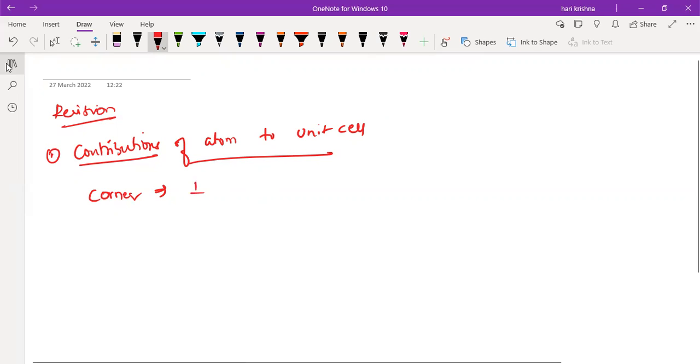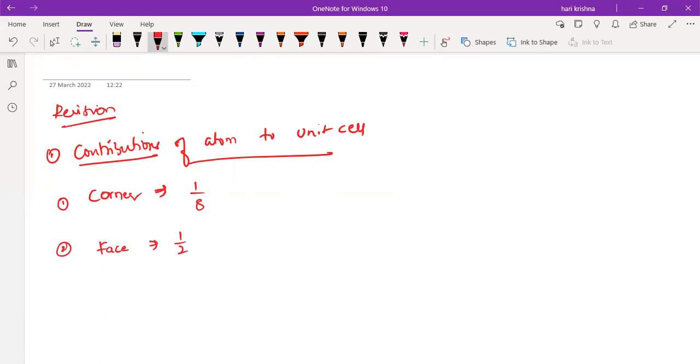One by eighth, right? From the corners, the contribution part will be 1 by 8. From the face, what is the contribution part? It is half. Okay, from the edge center, what is the contribution part? 1/4.